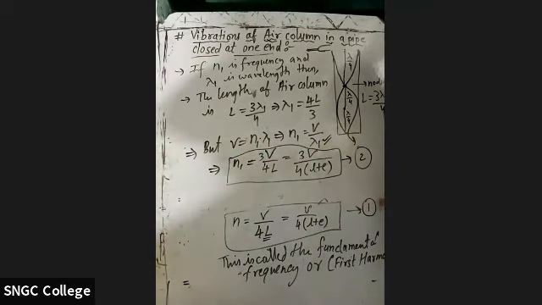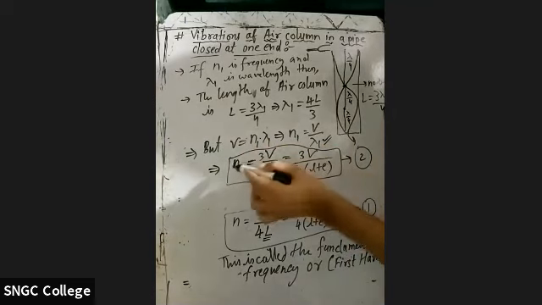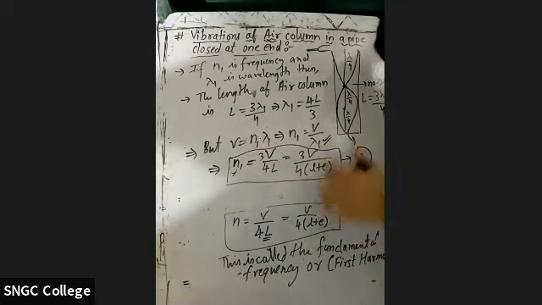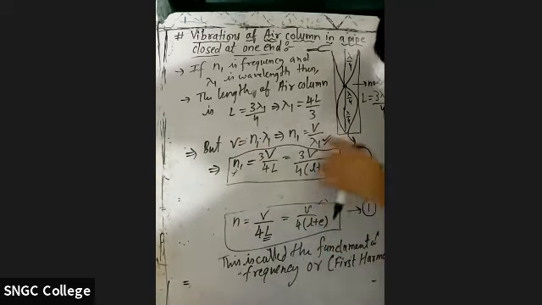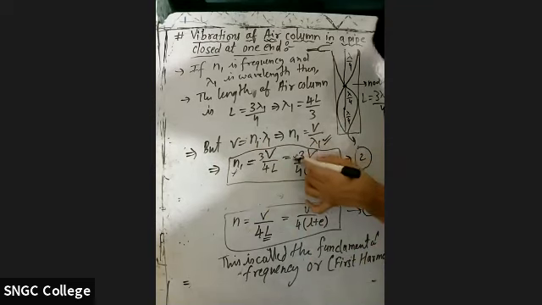So if you compare equation number 1 and equation number 2, you will find that this n1 is 3 times this n. यहाँ पे देखो ध्यान से, इसको देखोगे और इसको कंपेयर करोगे तो इसमें ये 3 वैल्यू ज्यादा है.